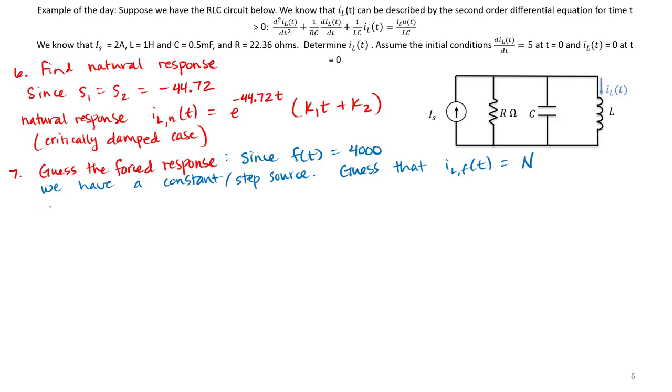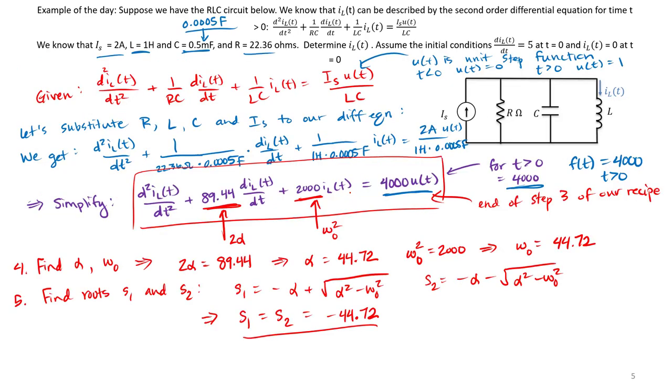And we need to substitute n back into our differential equation. So we go ahead and do that. And remember, we're just going to substitute n back into our equation that we're trying to solve.